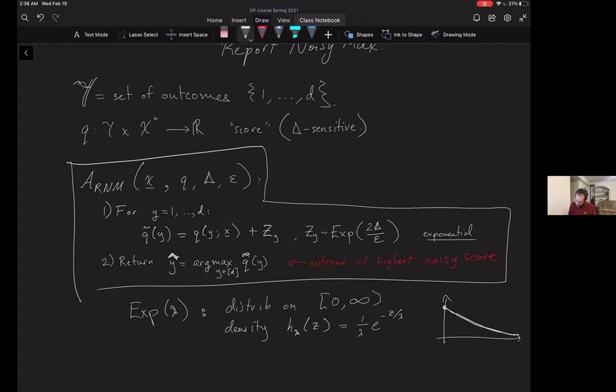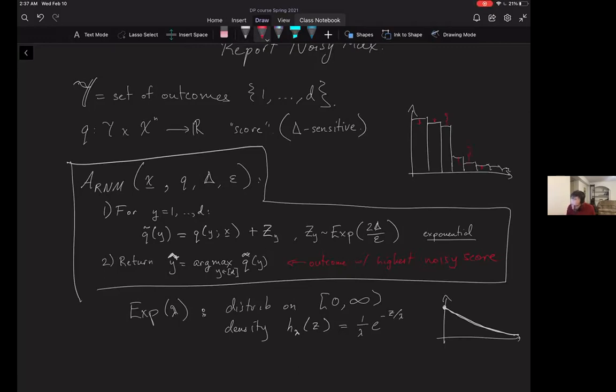Basically, you add noise to each of the scores, and you just pick the outcome that had the highest noisy score. Suppose we're doing approval voting, with the same sort of profile of votes as before. Now we add a little bit of noise to this count, a little bit to this count, a little bit to this count, maybe a little more noise to this one, and so on.